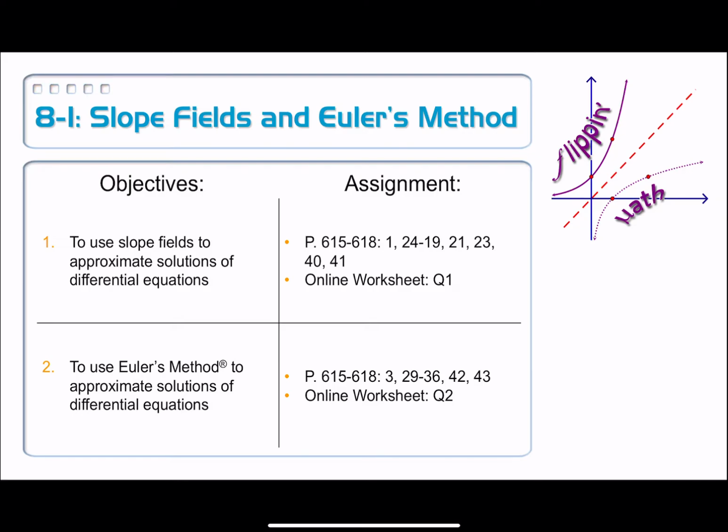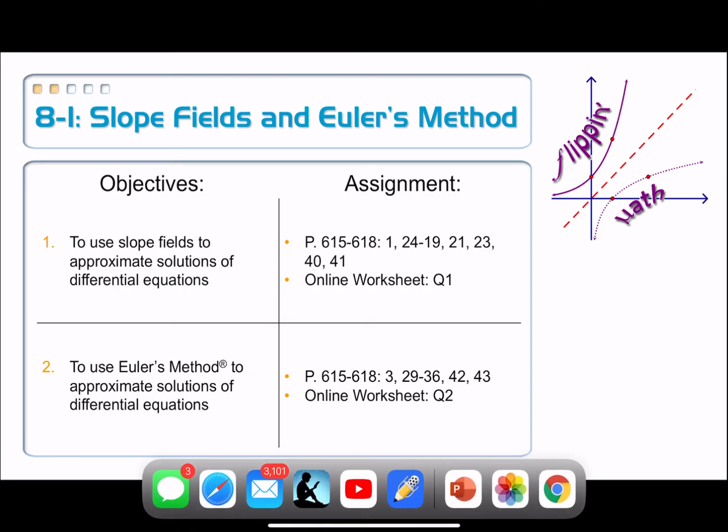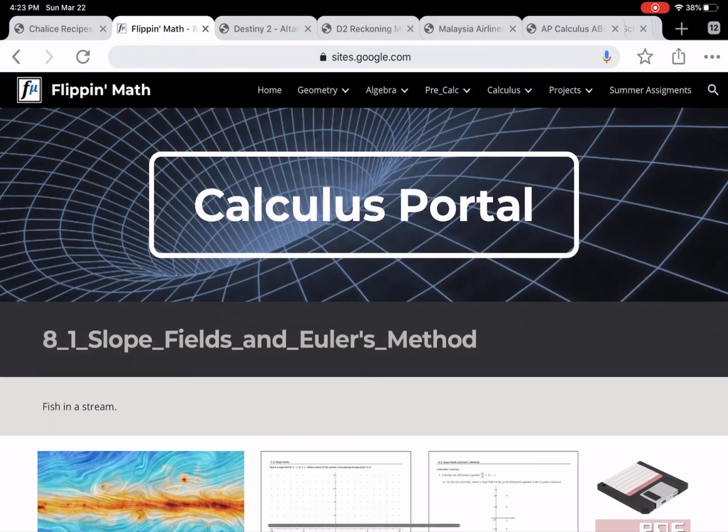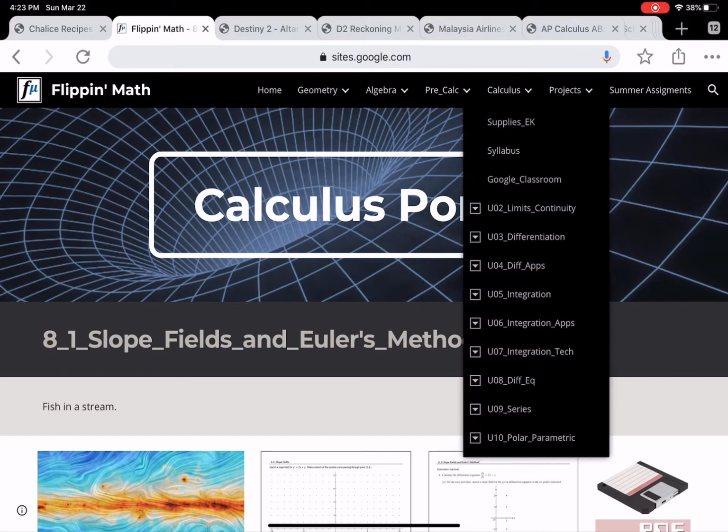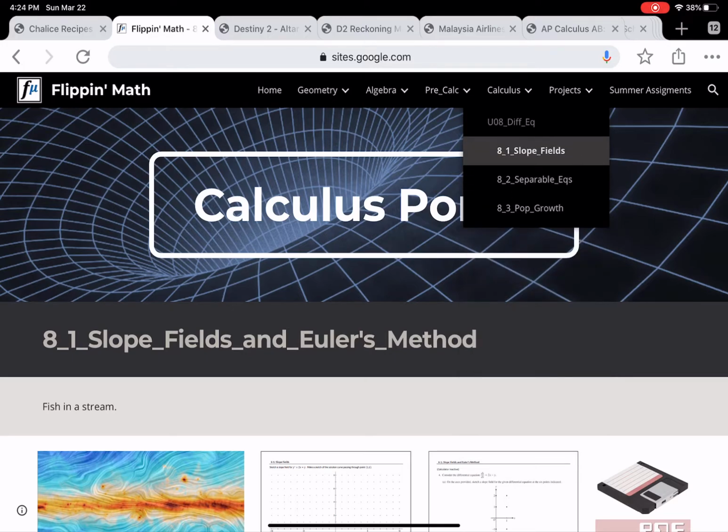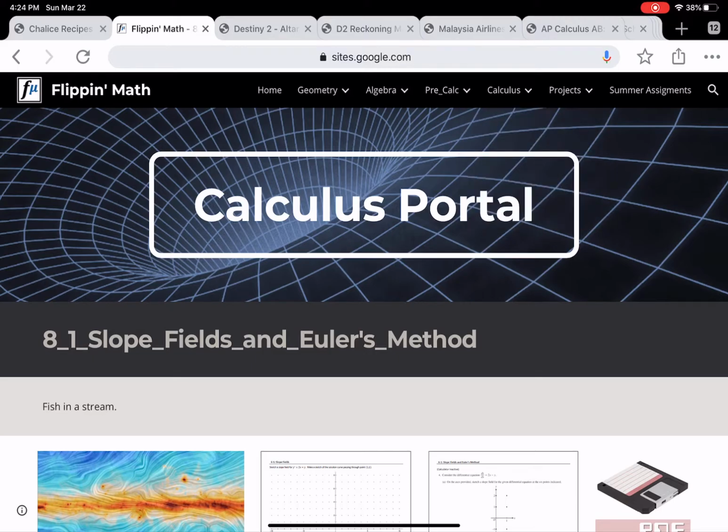Before we get started on the content of this lesson, let's take a look at the web, shall we? I'm going to suggest that you print out at least one thing here from my website. To get here directly, we're going to go to the Calculus tab, and we are in Unit 8 here for differential equations. If I tap on that one, it's the very first one, 8.1 Slope Fields and Euler's Method.